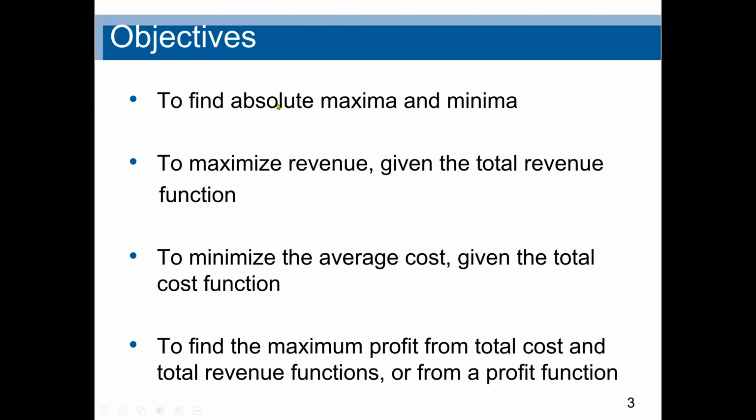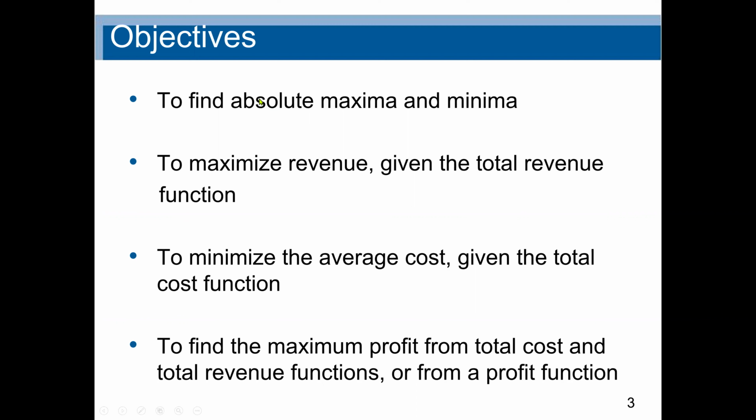But if you have a function whose curves increase and decrease, and increase and decrease again, in this case we are going to have 2 relative maxima and 2 relative minima, because anywhere the curve increases and then decreases is called a relative maximum. Anywhere it decreases and then increases is called a relative minimum.